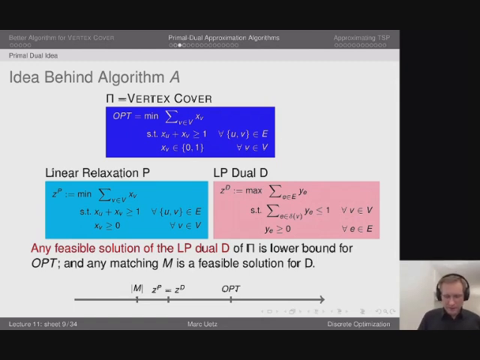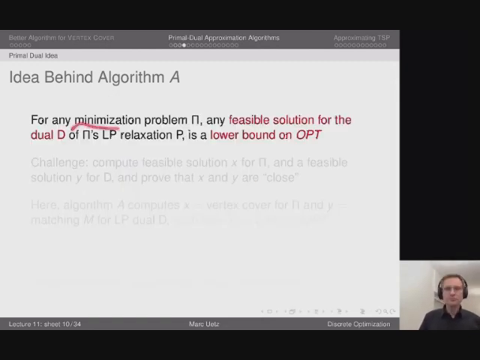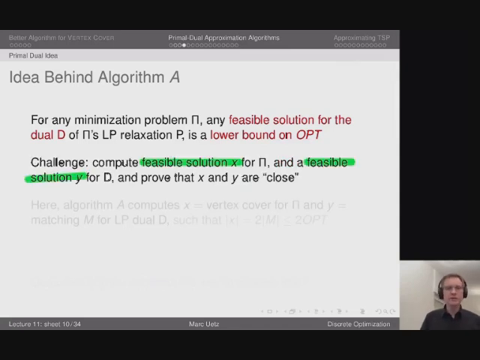So once again, as a brief summary, for a minimization problem, any feasible solution for the dual of the LP relaxation of the problem gives me a lower bound on the optimum solution value. And the challenge, or the trick, is that we have to come up with feasible solutions for the primal, the vertex cover problem was that, and feasible solutions for the dual, which we can prove are close enough to each other.